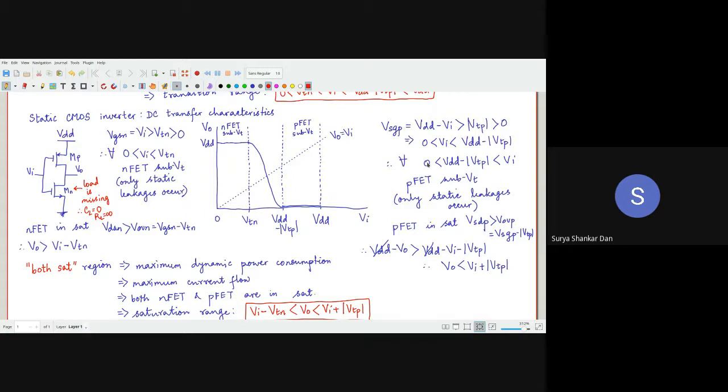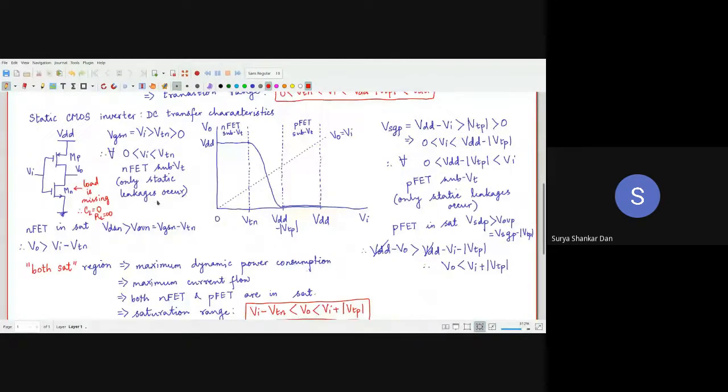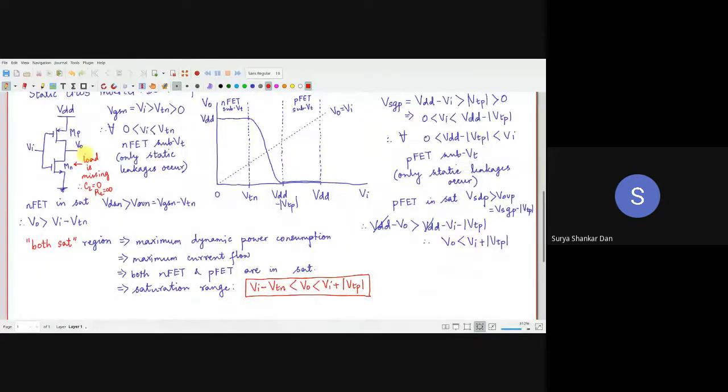Very good. When is the NFET in saturation? The NFET will be in saturation when VDS, this voltage VDSN, is greater than VOVN. So VDSN is greater than VOVN equal to VGSN minus VTN.